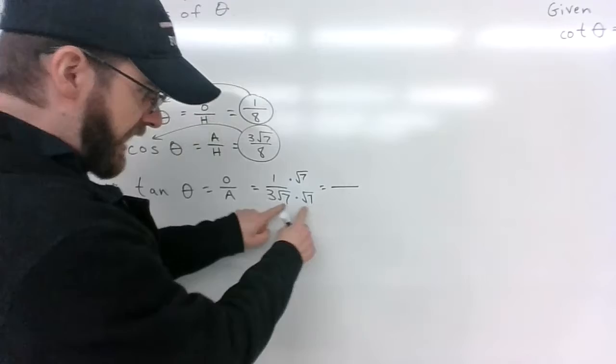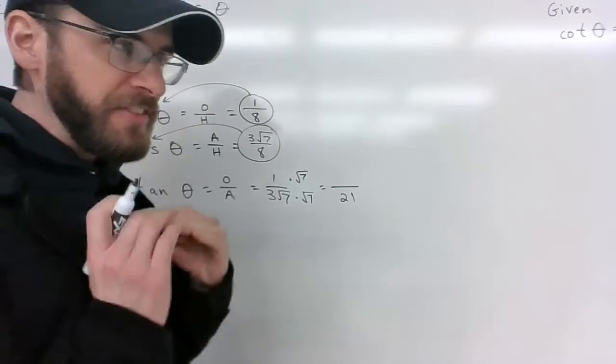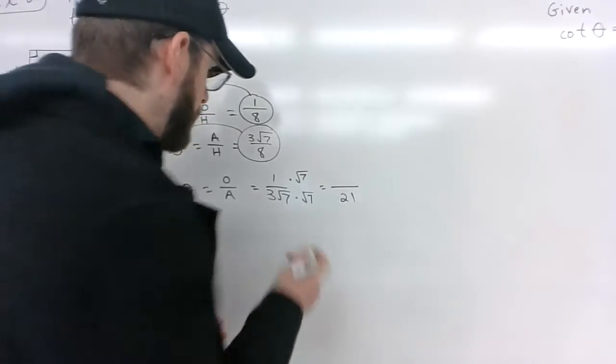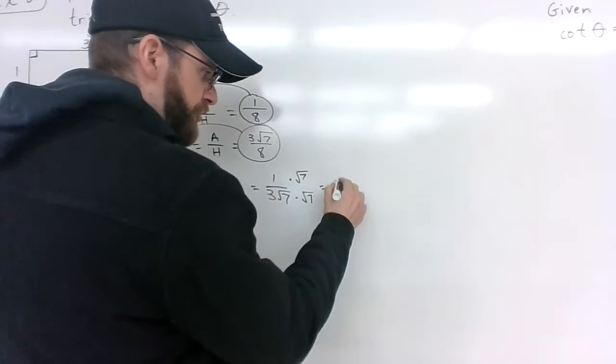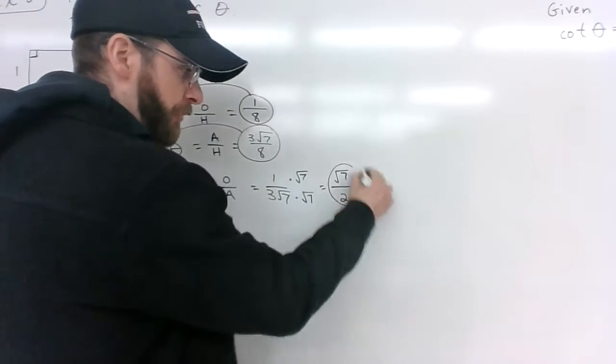And 7 times 3 is going to be 21. So now we've successfully made the denominator of this fraction an integer, or a whole number. 1 times root 7 is just root 7. And this is technically the simplified version of what tangent is going to be.